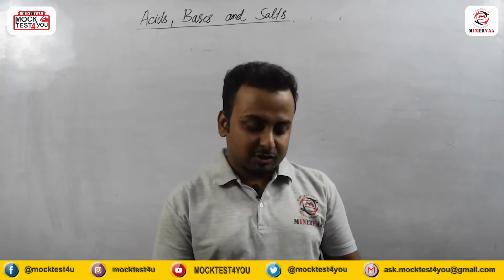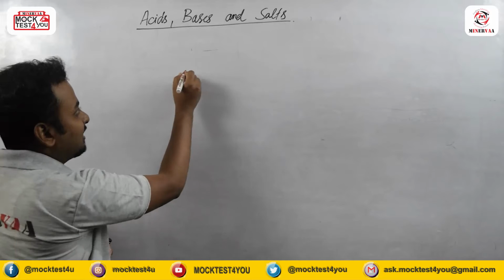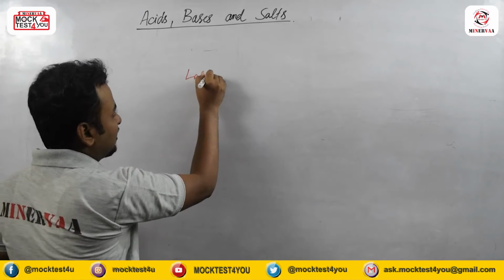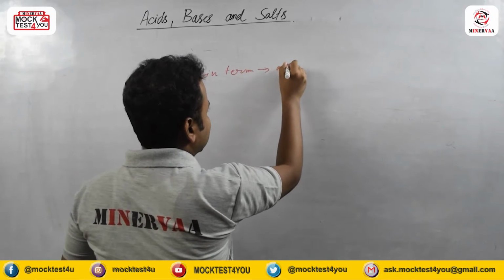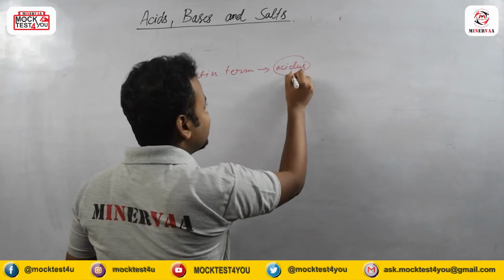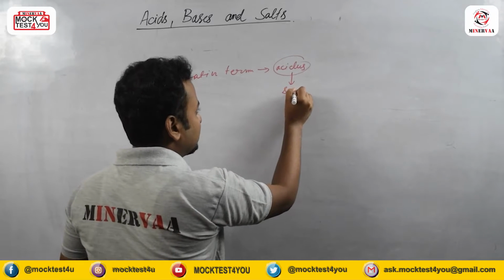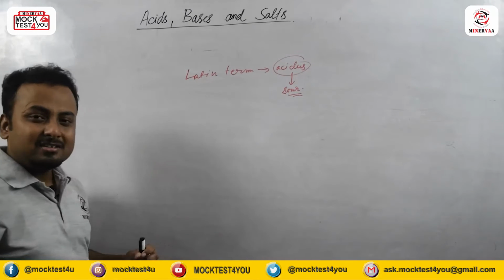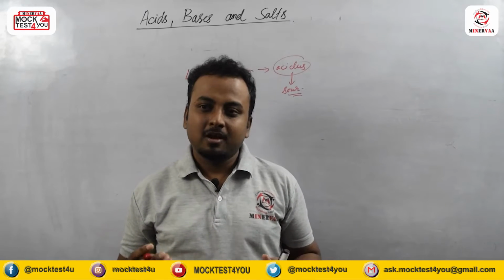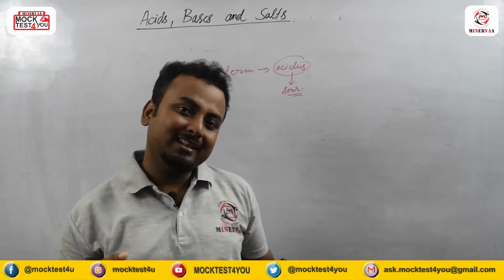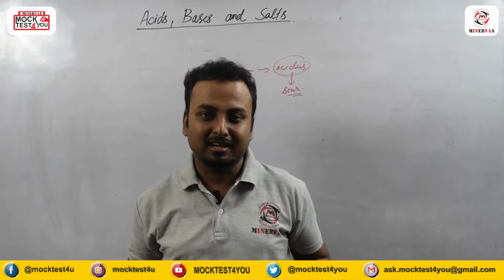So actually the word acid came from the Latin term acidus, okay? What does it mean? It means sour. So something which has a sour taste contains acid in it, right?